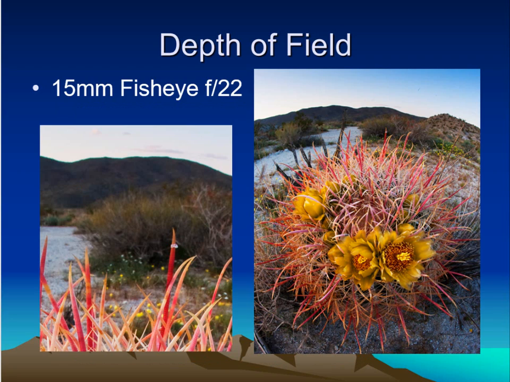So, I've talked about wide-angle lenses having more depth of field, but here's proof that they necessarily don't. 15 millimeter, well, okay, this is not proof that they don't have as much depth of field. It's proof that you need to watch where you put that hyperfocal point. This is a 15 millimeter fisheye, and I focused on the needles at the back of the cactus.